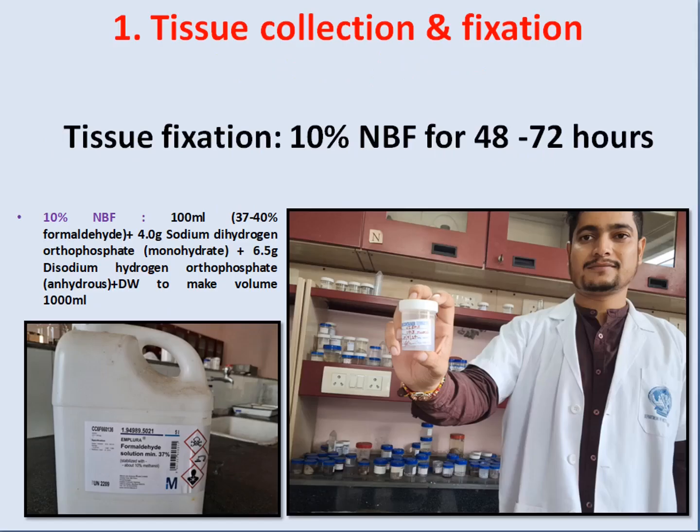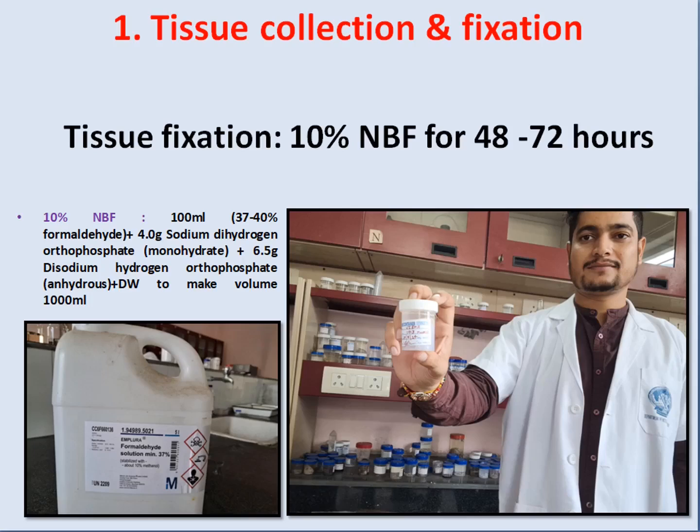So coming to the first, tissue collection and fixation. Whenever tissue comes to your laboratory, it will generally come in a 100 ml plastic bottle. First we have to look at the label, whether it is properly labeled or not. Then we have to make an entry of this label in our register, and then we should code the sample.